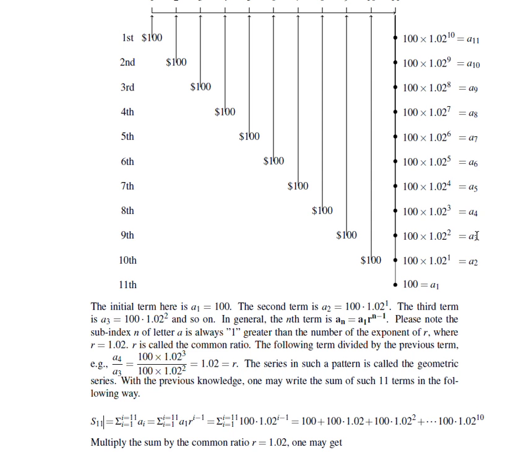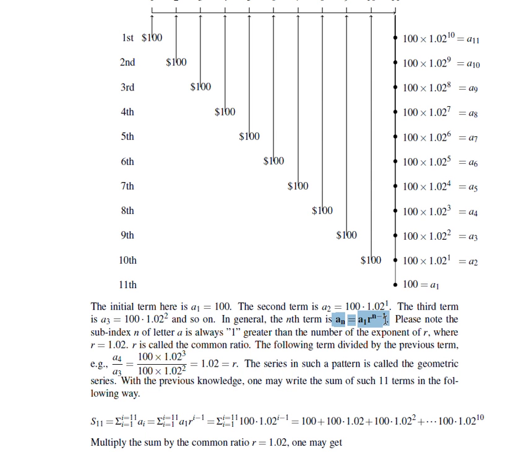So i runs from 1 to 11. Very clear. And this Ai is A1 times R to the i minus 1.